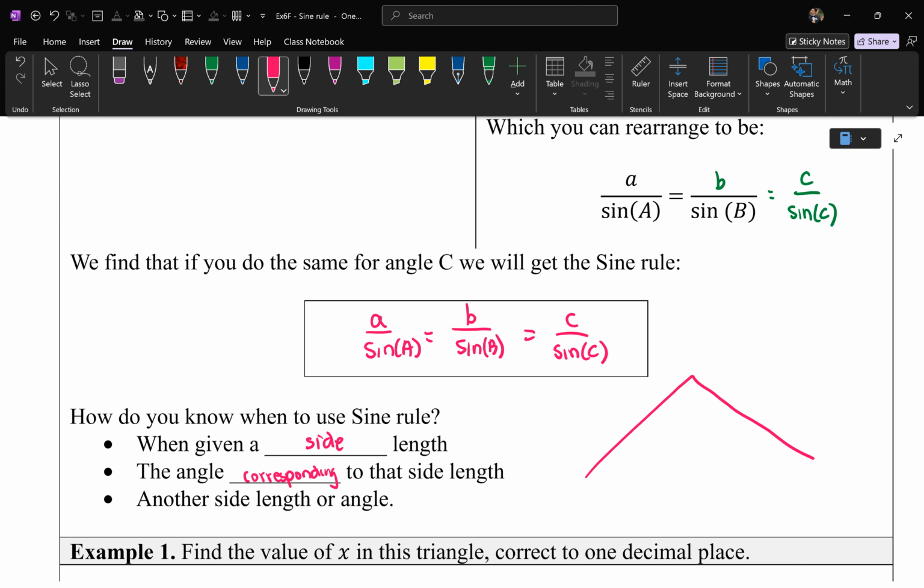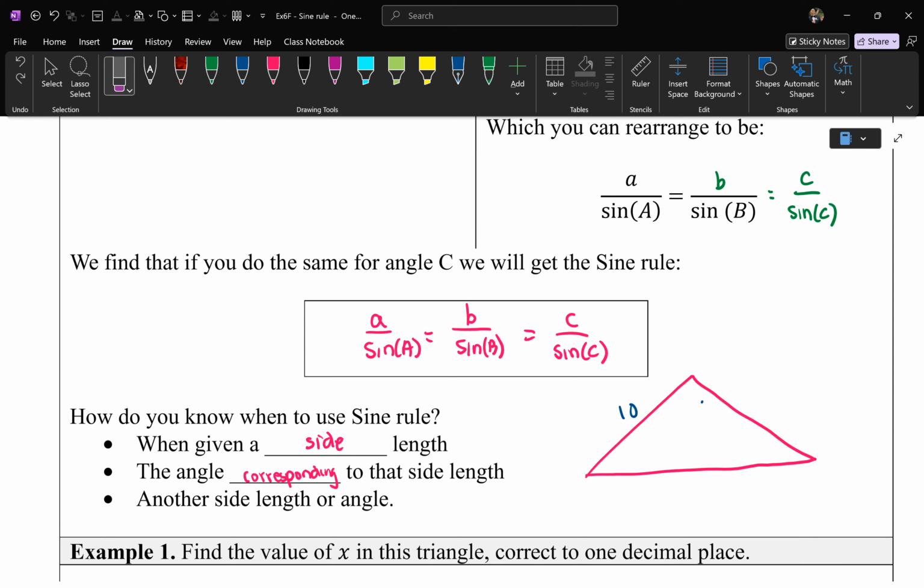So what do I mean? If they give you a non-right angle triangle, and they give you a side length, let's say 10, they can't just give you an angle of 60 degrees here. It actually has to correspond to that side in order for you to use sine rule. Otherwise, it won't work, and then you'll probably have to use cosine rule. So it has to be a corresponding angle.